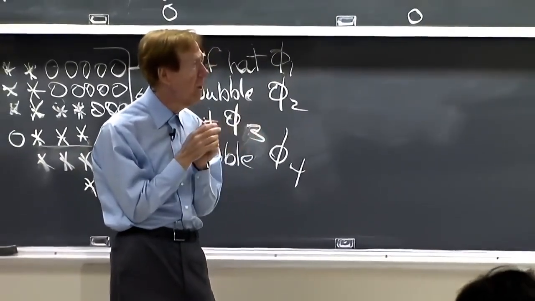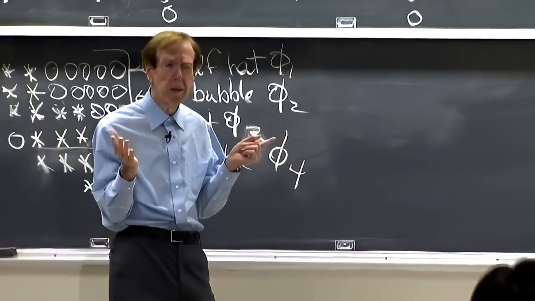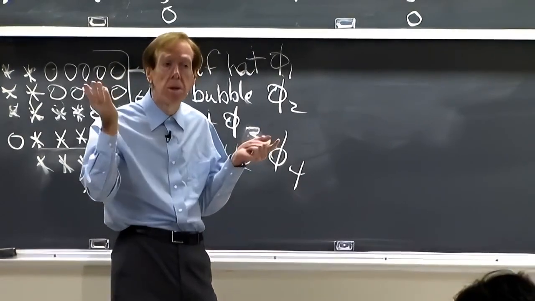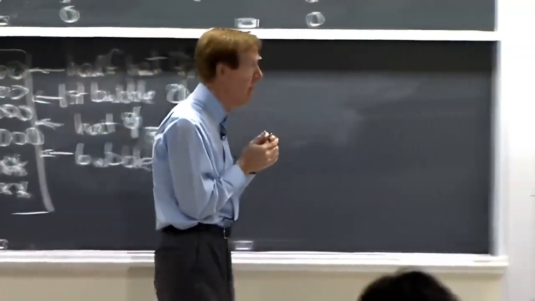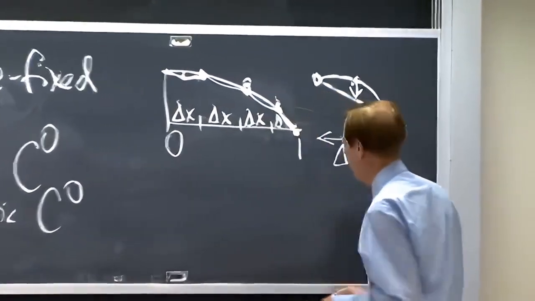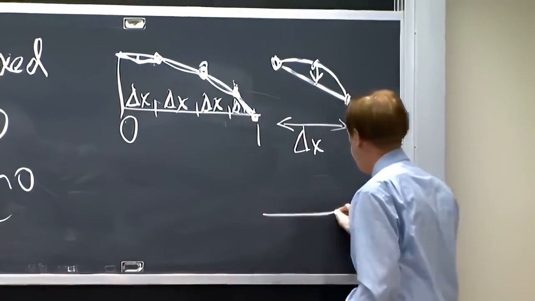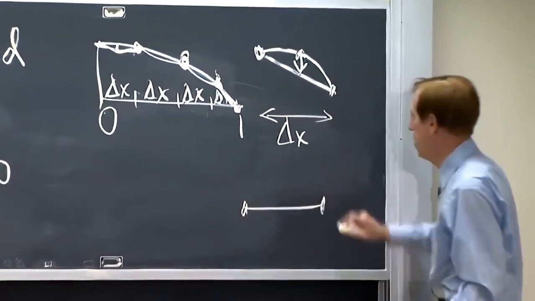And it's easy to find once you get the hang of it. Anybody want to make a guess? Delta x squared. Squared would be the right guess. I could just turn that picture if we wanted to.